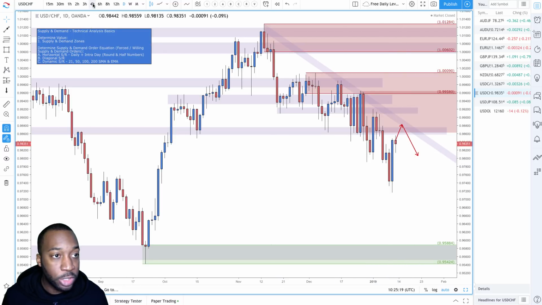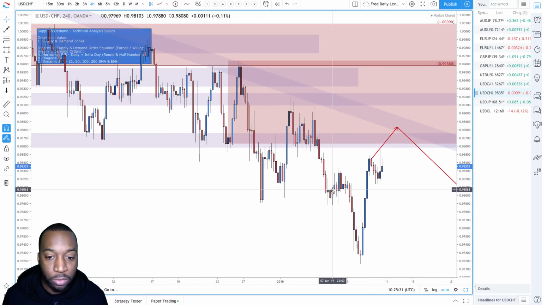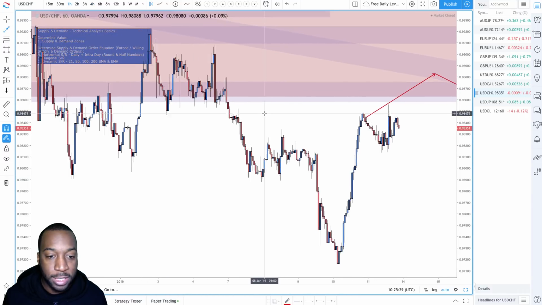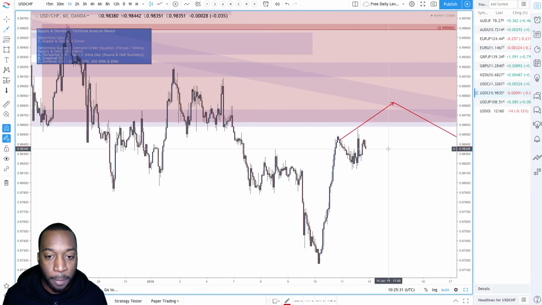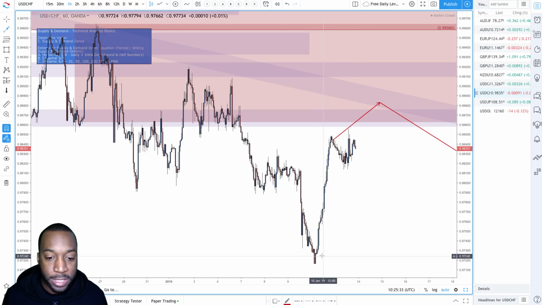But if we zoom down into a lower time frame, you can see that there is definitely demand right here. So if you choose to enter on, say, a lower time frame chart, you can definitely see that prices have risen from pretty much 97 to like 98.50, so that's about 150 pips.